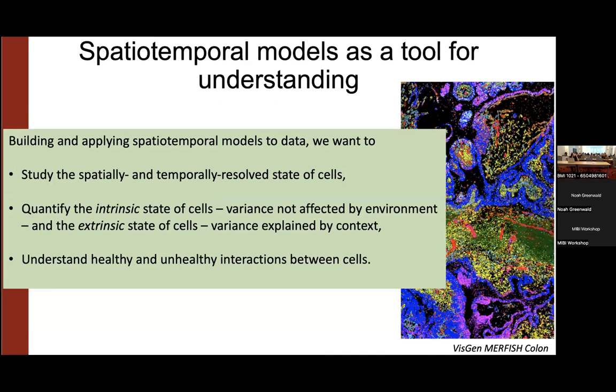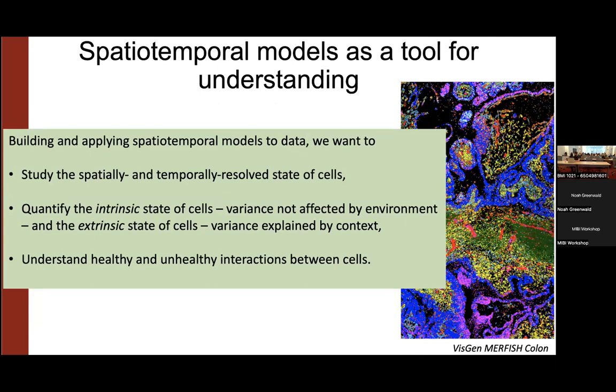In particular, when I think about building these models, I think from the statistical standpoint about building spatiotemporal models to be able to understand these tissues. So in particular, what I'm interested in studying is the spatially and temporally resolved state of cells, what they look like in a snapshot and what the dynamics look like, how they change in space and how they change in time.